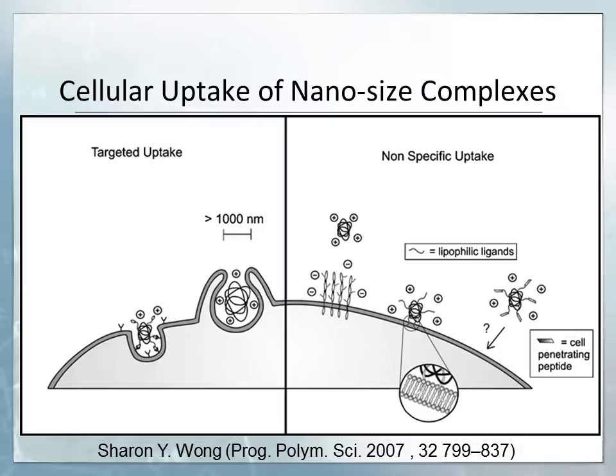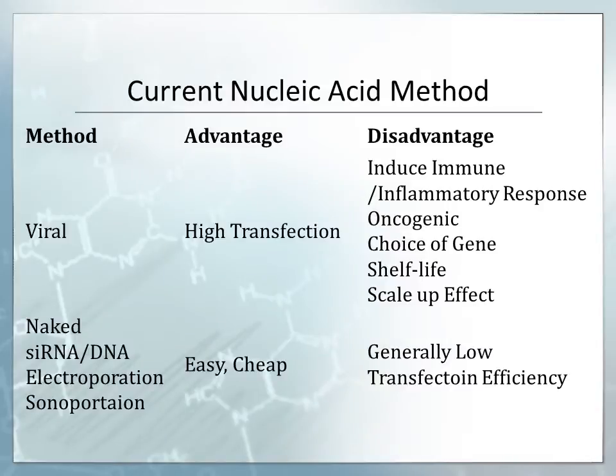Different cells express different receptors, and it can be exploited for targeted delivery. Non-specific uptake of positively charged particles and particles with lipophilic ligands are usually the way for nano-sized material to be taken up by the cells. This method exploits the physiochemical property of the cell membrane instead of the conventional biological pathway.